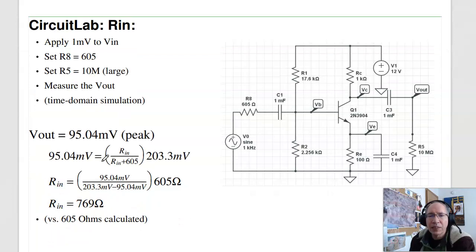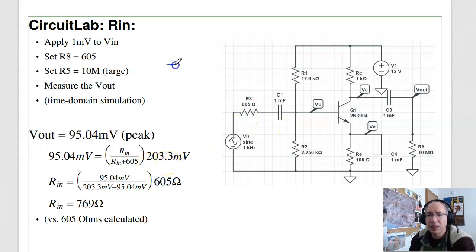To find the input impedance, what I'll do is add a resistor in series. I chose 605 because that's what I calculated. Make the output impedance large, measure the output voltage, and the output voltage drops down to 95 millivolts. Without that resistor, it was 203 millivolts.